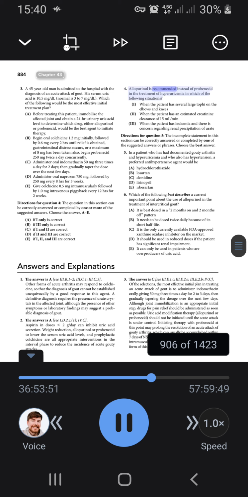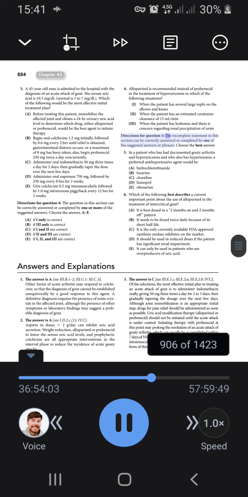Allopurinol is recommended instead of probenecid in the treatment of hyperuricemia in which of the following situations? 1. When the patient has several large tophi on the elbows and knees, 2. when the patient has an estimated creatinine clearance of 15 milliliters per minute, 3. when the patient has leukemia and there is concern regarding renal precipitation of urate.